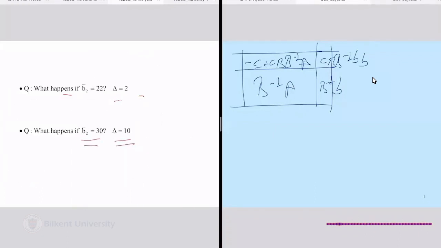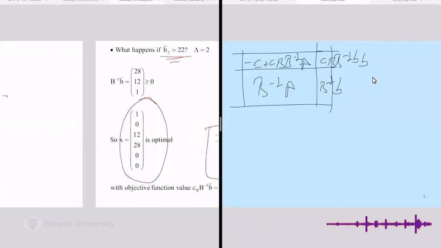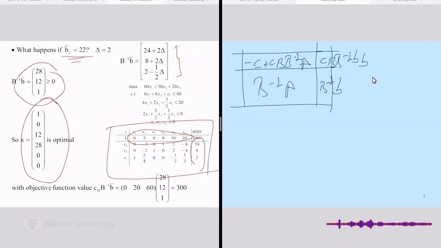If B2 was 22, if you put it and check, you're going to see that this B inverse B is still non-negative. That means I update my table with the new B. I just do these multiplications and I again get a non-negative right-hand side vector. My rho 0 is non-negative, right-hand side is non-negative, complementary slackness is already satisfied, so I'm optimal.